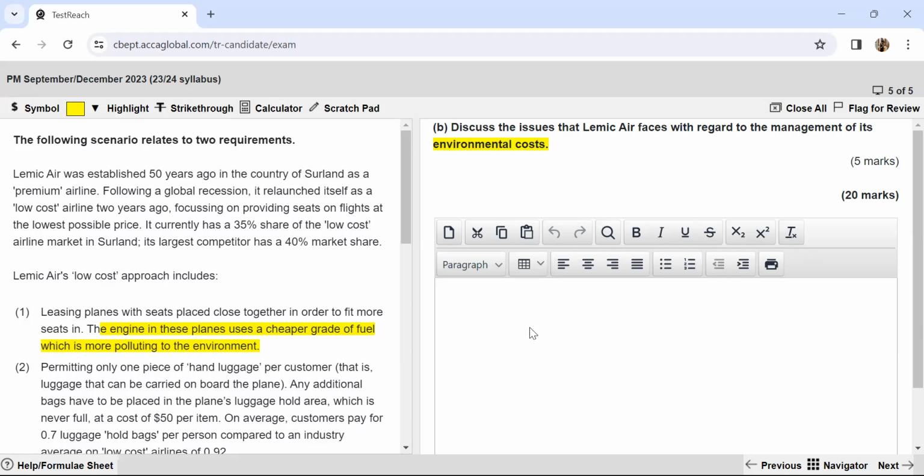So in this scenario, Lemic Air is using the cheaper fuel, which is more polluting. We had identified two things over here, so we will talk about this.